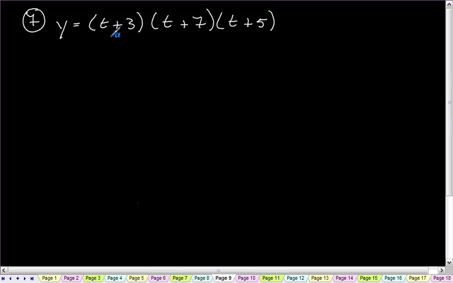You can distribute all these things and make it really complicated, or you can use the properties of logarithms. The properties of logarithms make this a little bit simpler.